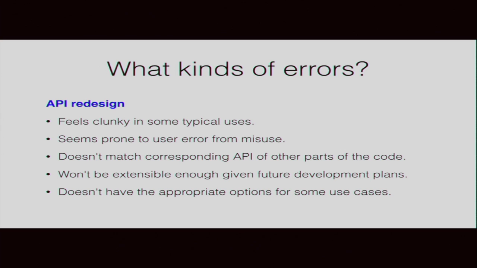Or maybe there's a valid way to use it in the code that you think might be prone to misuse, right? So like if you have some scale parameter, right? Maybe scale is ambiguous about what scale you're talking about, and you're going to push back and say, well, I think people might think you're talking about an overall flux scaling, whereas you mean the pixel scale, right, or whatever, that kind of thing. So you might change the API to be more specific, so that users won't do the wrong thing with it.